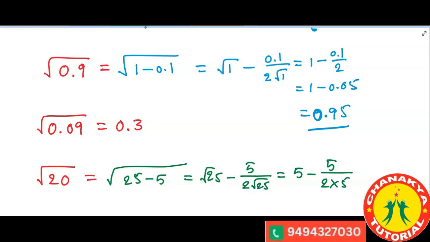Now we'll cancel 5 and 5, sir. And 5 minus 1 by 2 is 4.5, sir. Yes, the final answer is 4.5. Good.